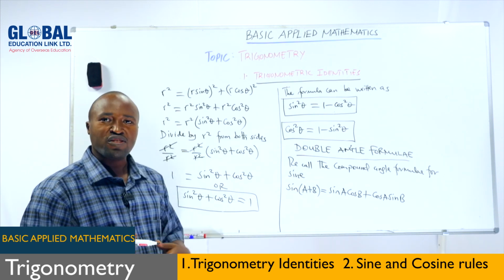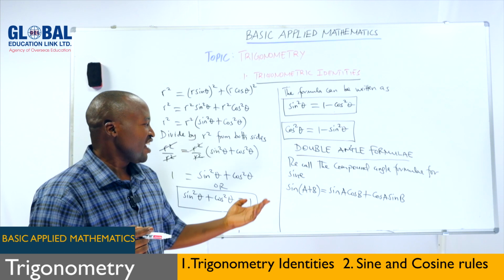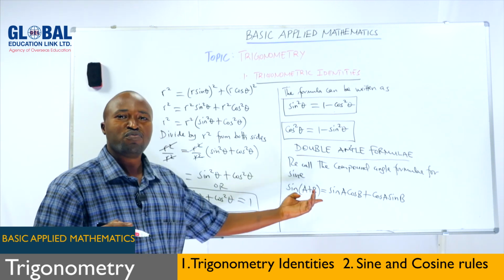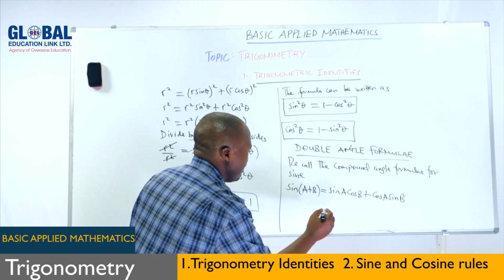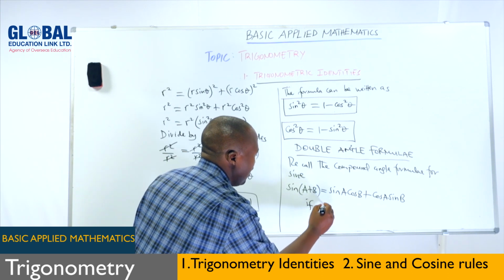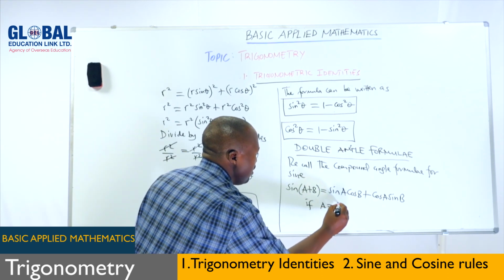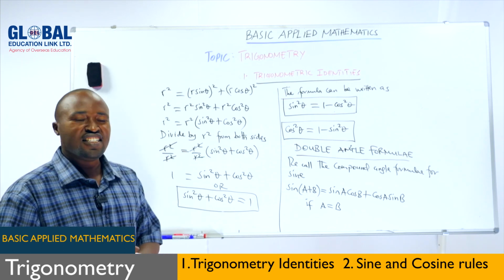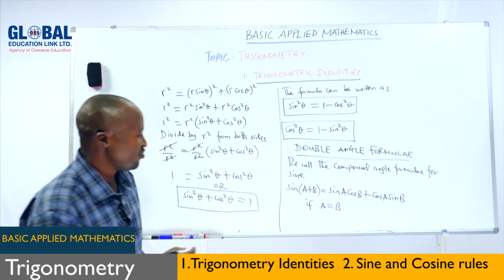Now, from this point of view, suppose angle A is equal to B. What will happen?